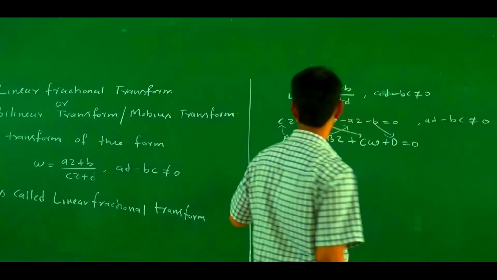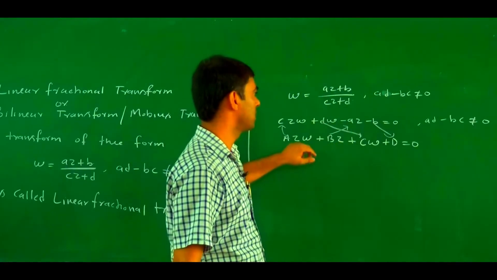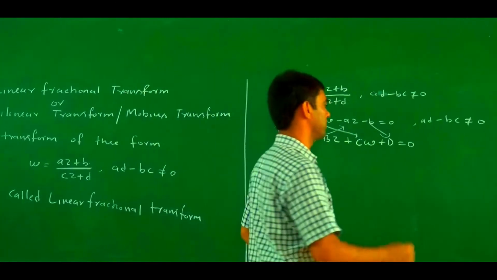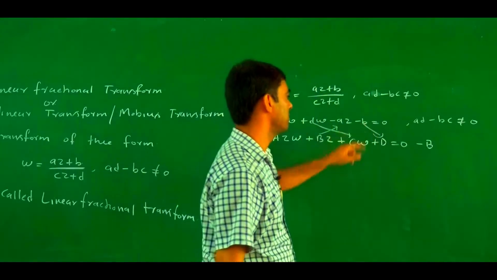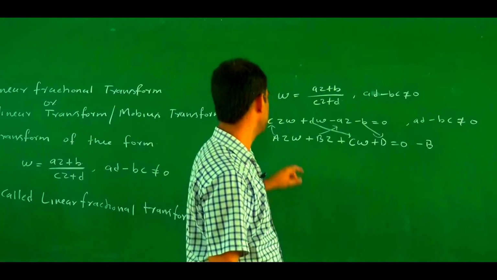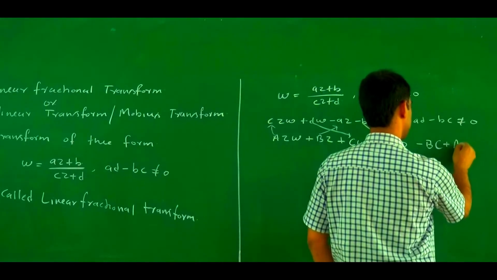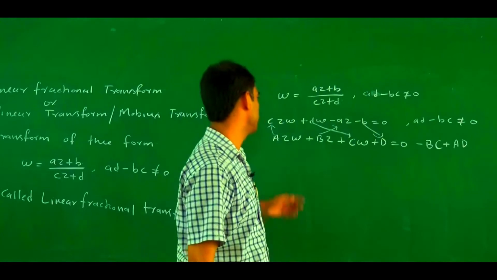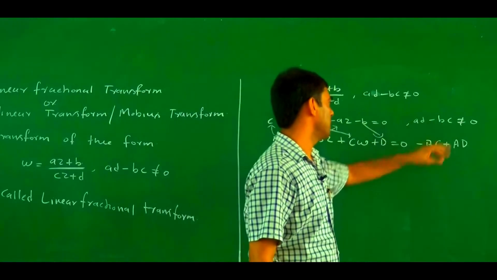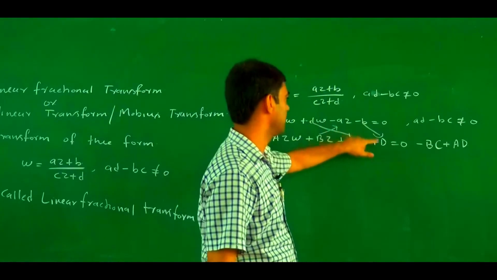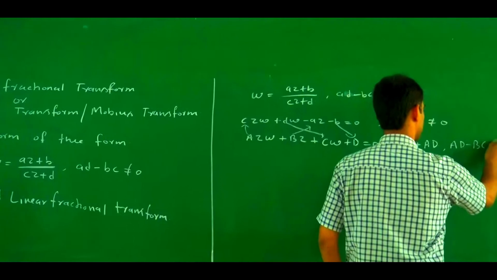In place of A we write minus B, and in place of D we write C. So it becomes minus BC plus AD, which again is AD minus BC not equal to 0.